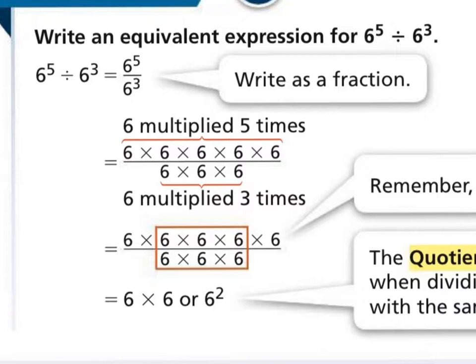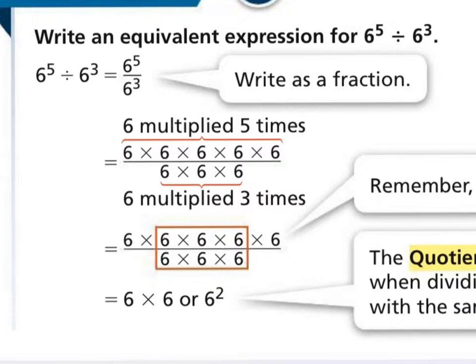So we could actually cancel out 3 factors of 6 in the numerator with 3 factors of 6 in the denominator. That leaves us with 2 factors of 6 in the numerator, so 6 times 6, or 6 squared, which it said an equivalent expression again, so 6 squared is fine. If we wanted to, 6 times 6 is 36, would be exactly what our final answer would be.